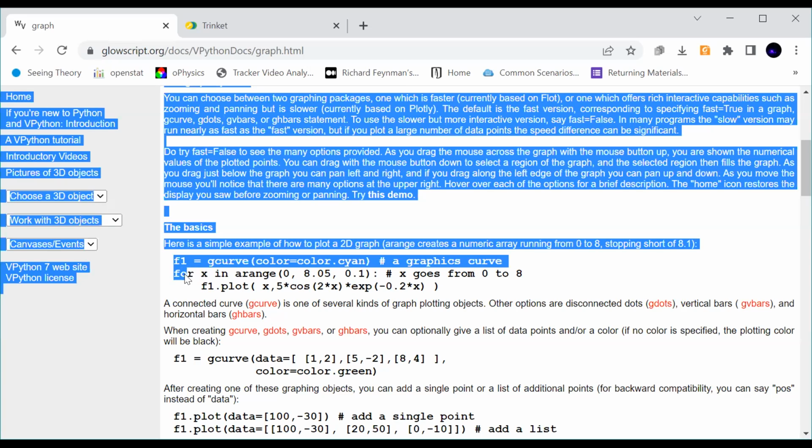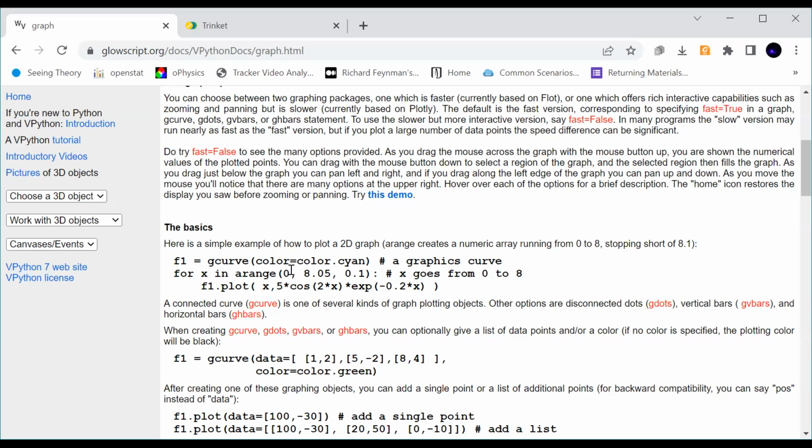So if we write for x in range 0 to 8, the first value here is the minimum value, and then the second number is the maximum value, and the third number is the step size or the increments. Gcurve creates a graph, and then to plot the function, use a for loop.